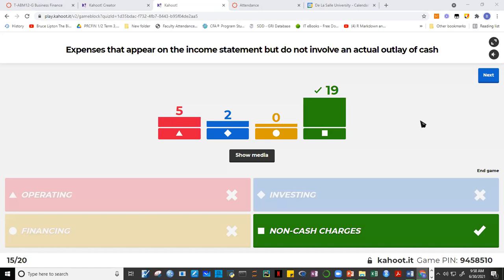Initially, pag natanggap na natin yung bill natin ng Meralco, nagamit na natin yung electricity, kaso hindi pa natin nababayaran, accrued yan. Pero guys, eventually, mababayaran yan. On the other hand, depreciation, kahit matapos yung buong taon, wala naman tayo talagang binabayad na depreciation expense. So, walang cash outlay yan. Okay, so next.